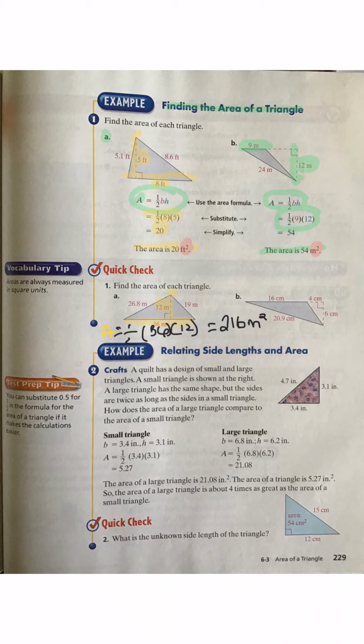The second one, you are going to look at this as the base, 16 centimeters. Here's the vertex. The line straight to the vertex is going to be 6. So our equation will equal area equals half times 16 times 6.